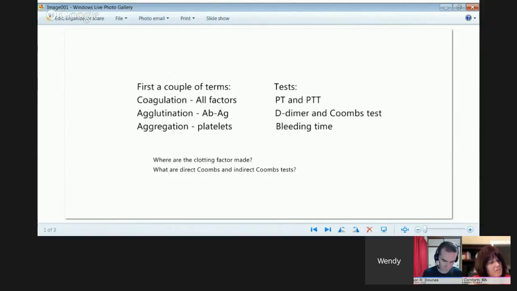Okay, so direct Coombs is when an anti-globulin antibody is added to the patient's red blood cells, and then you check to see if they agglutinate, so if they stick together. It detects antibodies against red blood cells that are present.